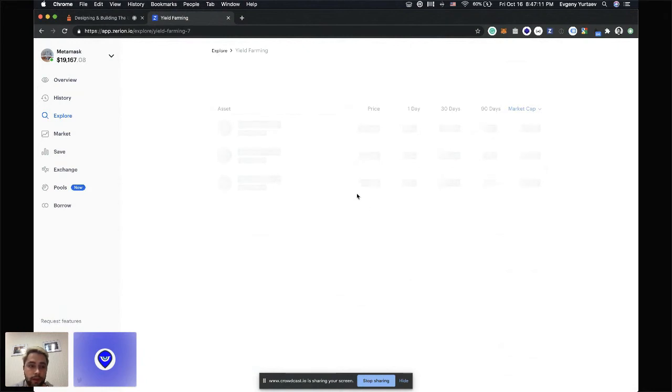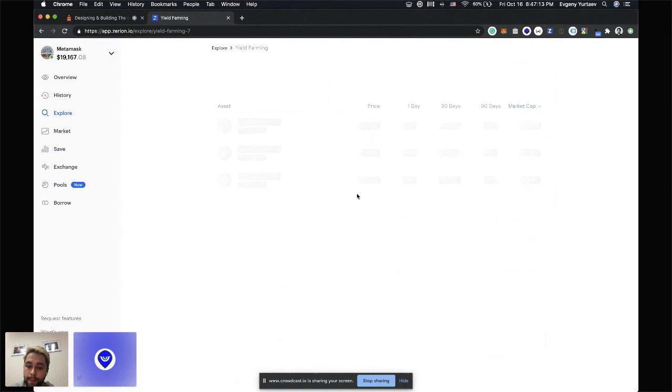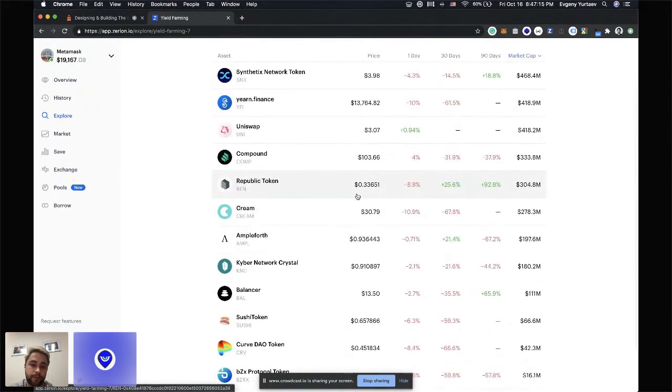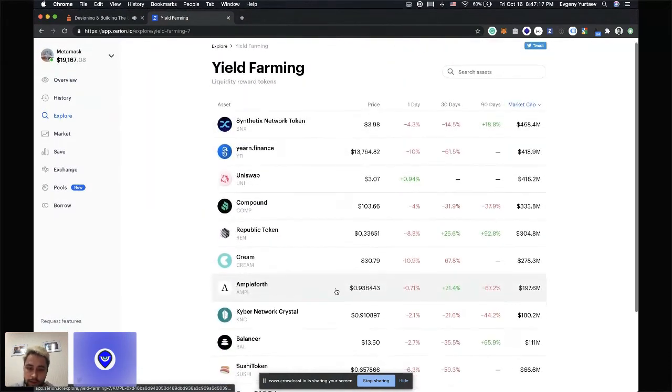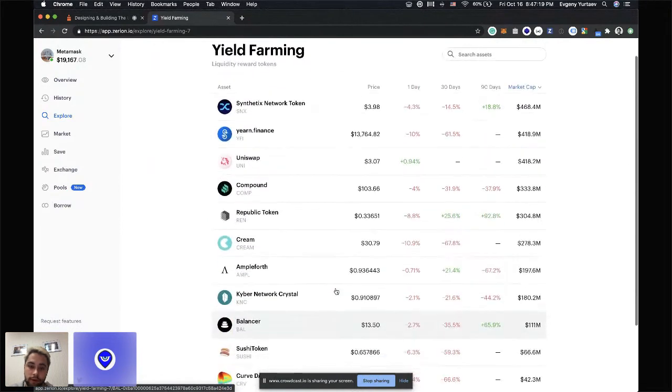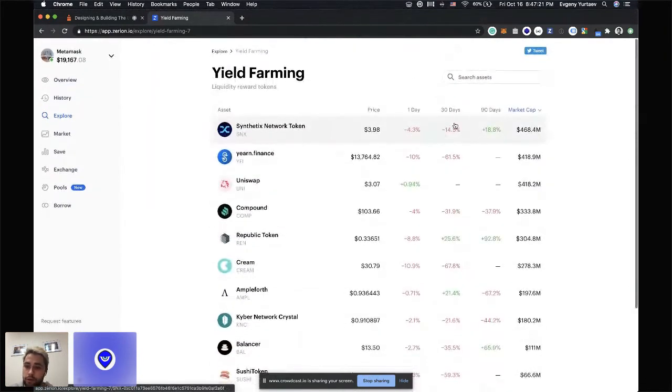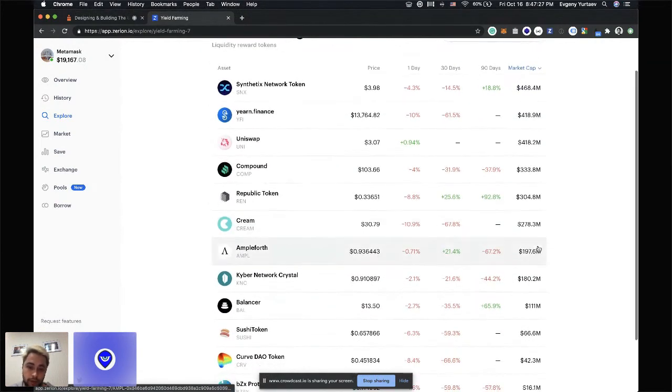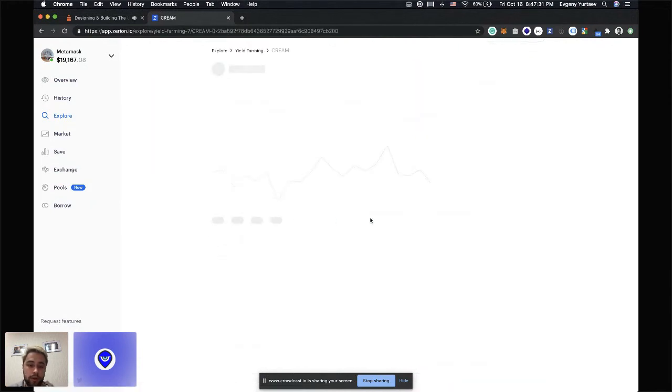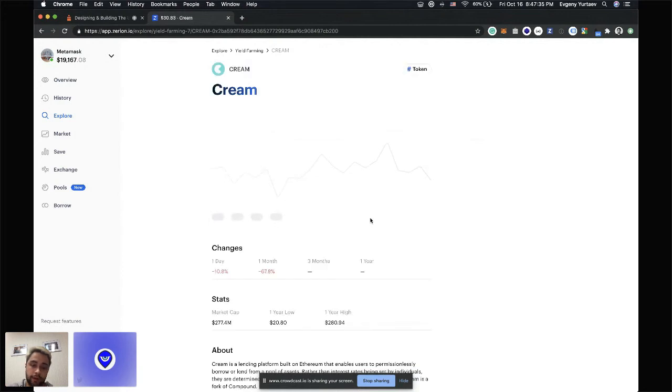Here is a selection of the most popular yield farming tokens. You can sort them by 1-day performance, 30-day performance, etc., or by market cap to find the asset that you would like to invest in. And again, you can click on any and instantly purchase it directly from Zerion at the best rate.